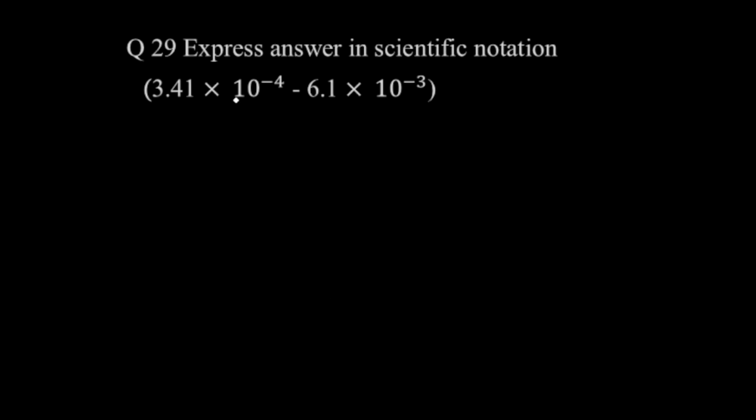3.4 multiply 10 to the power minus 4 minus 6.1 multiply 10 to the power minus 3. This question also is just like the previous one. We have to make same power.